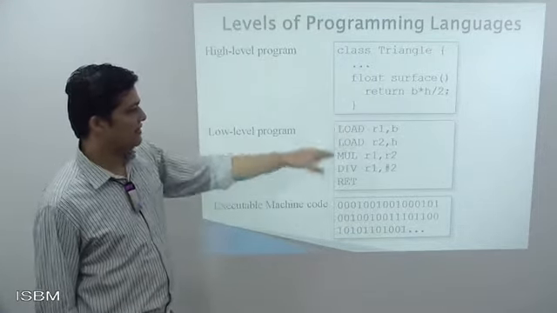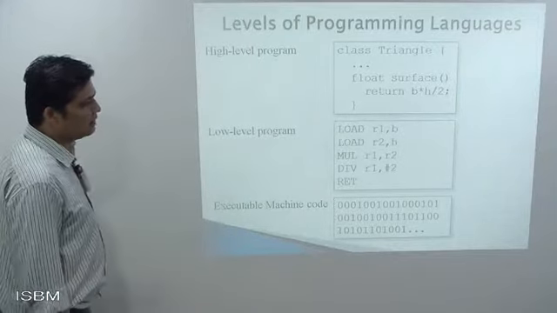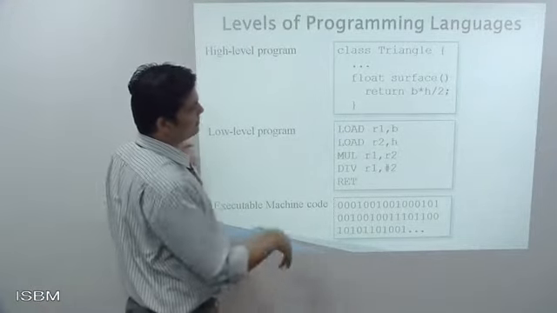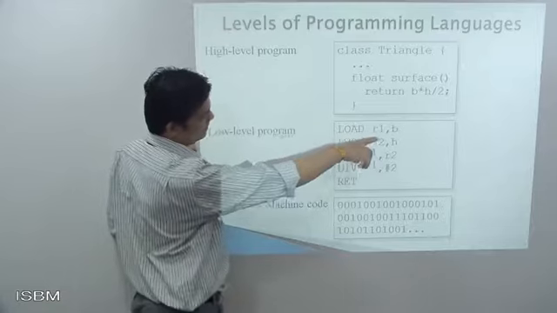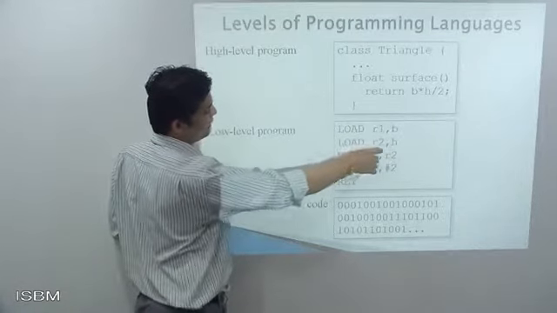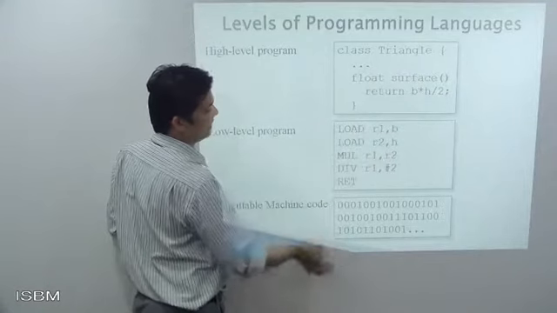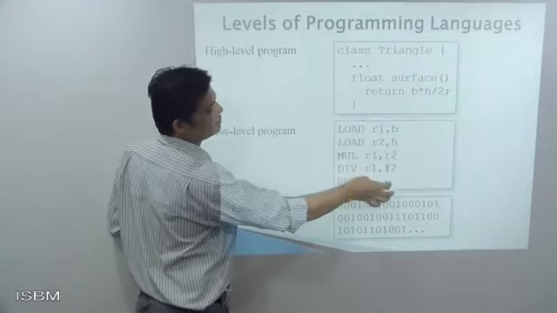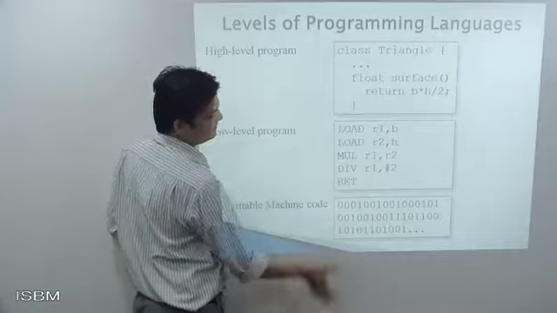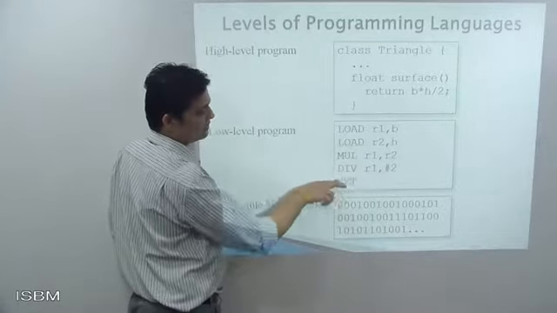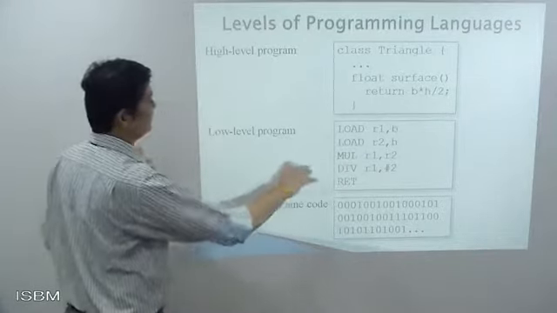So the system loads r1 with binary data, loads r2 with some other data, then multiplies r1 and r2, then divides r1 by r2, and after that it requires a result. So it is a low level language.